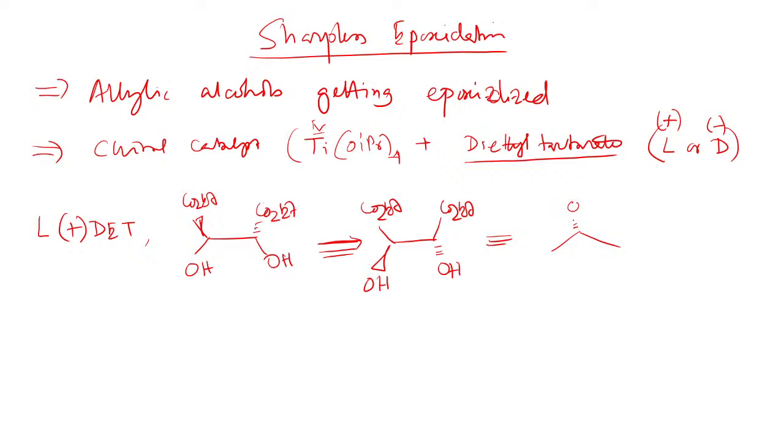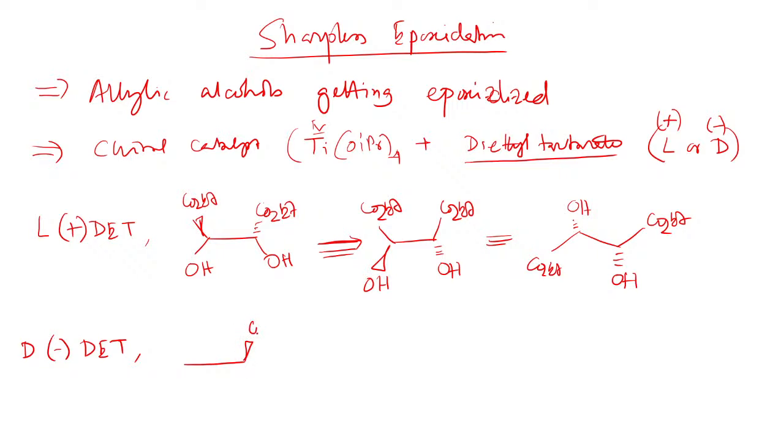And in the zigzag, what will happen? If we give the rotation, this up OH becomes down, and your CO2Et comes here, so this is the L plus DET. And the other one, its enantiomer, is the minus isomer, and that is D, called minus DET. And exactly now you can draw the enantiomer.